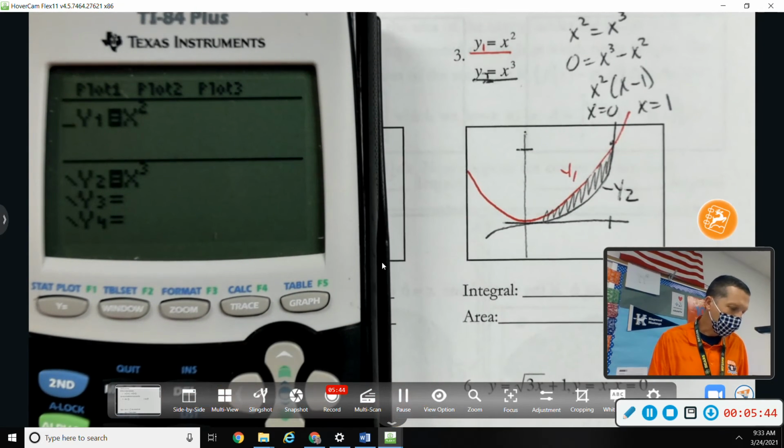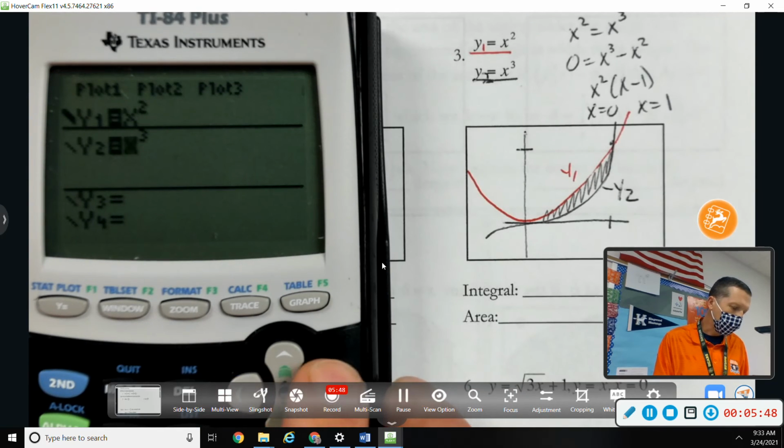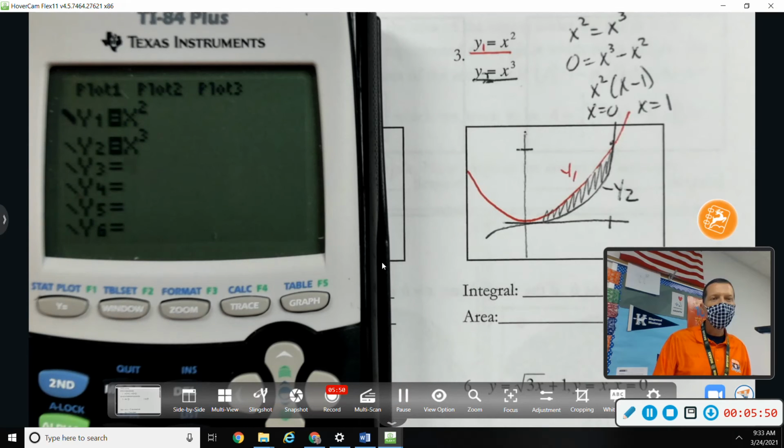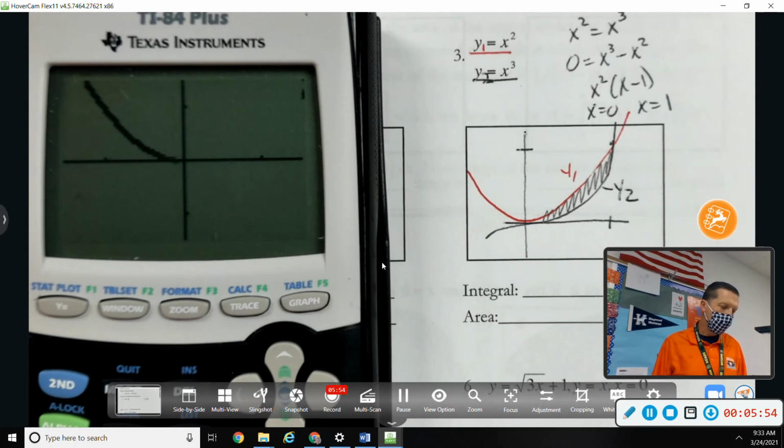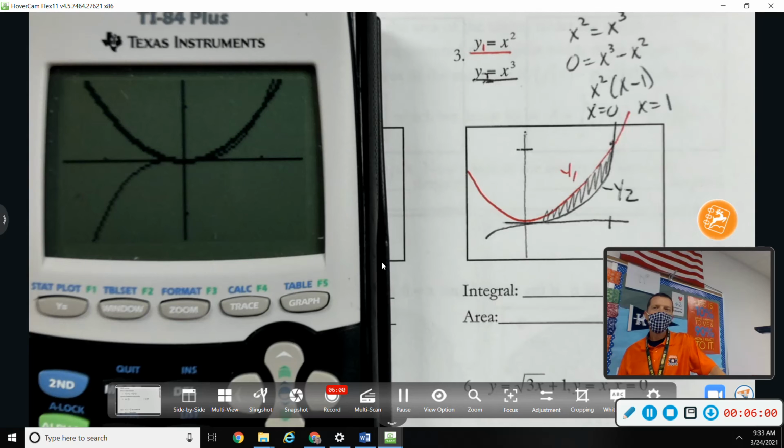So instead of a line, you can make it a dark line by scrolling over there and pressing enter. And so now y1 will be graphed darker than y2. Some of you have the fancy calculators where it's different colors, so that makes it a little easier to see as well.